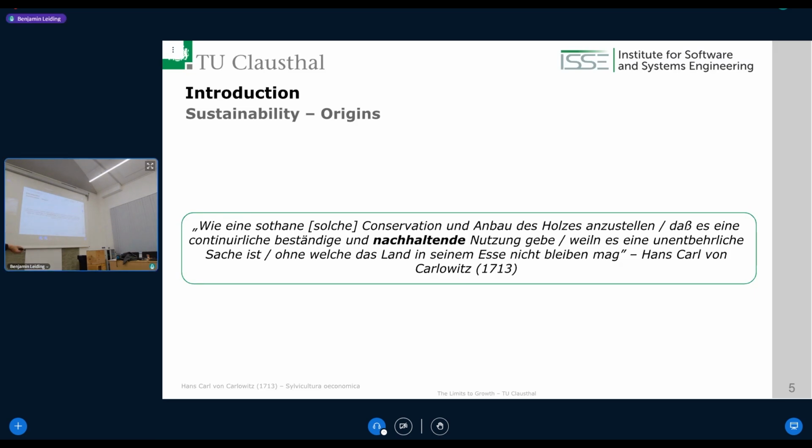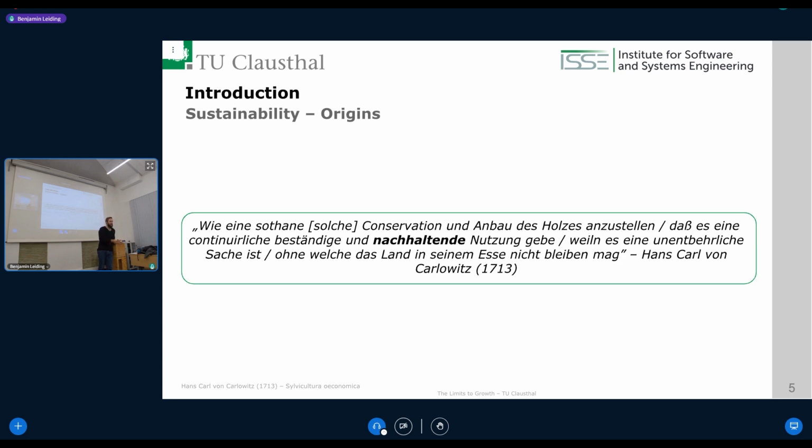And this concept of sustainability is not really that new. It actually goes back to 1713, where a German guy called Hans Carl von Carlowitz thought about ways of approaching forestry from a more sustainable perspective.